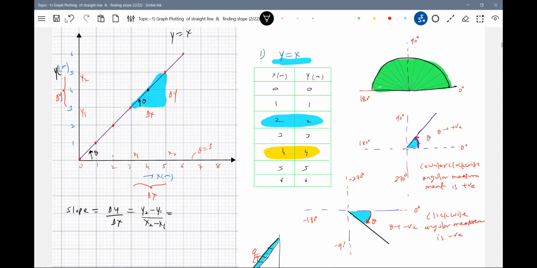What is the value of y2? 5. This y2 is here, and the corresponding x2 is here. This is y1, this is x1. We'll mark those points where we have picked up.